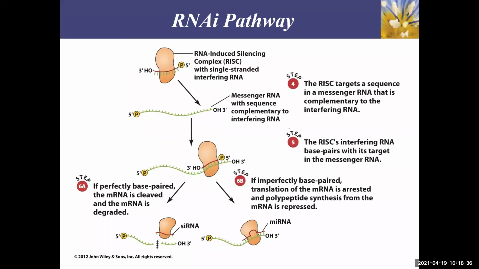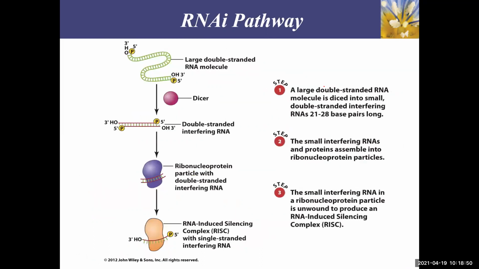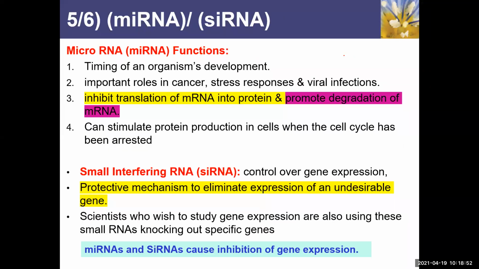You don't have to know all this pathway. I just explained it during the class so that you understand the whole concept, so you do not need to prepare this. The only slide which you need to prepare is this slide. So what are the difference and the similarities between the two?